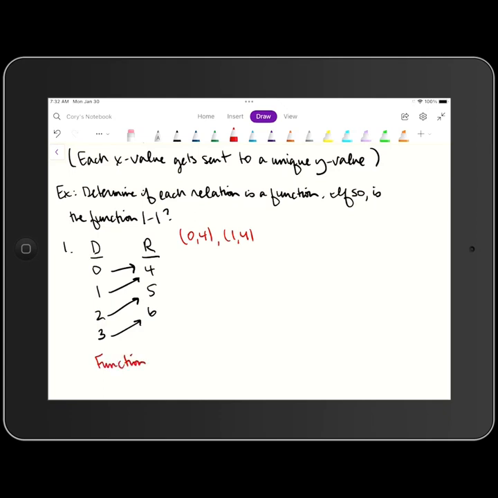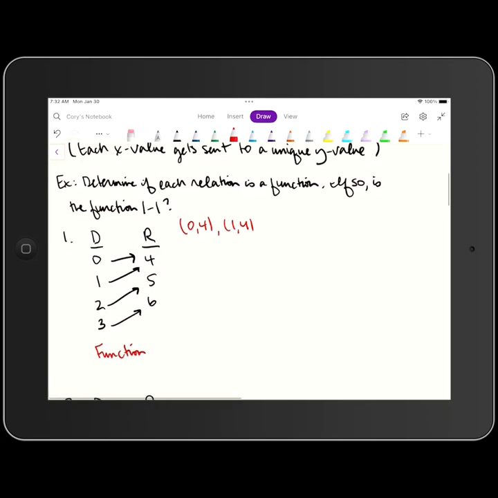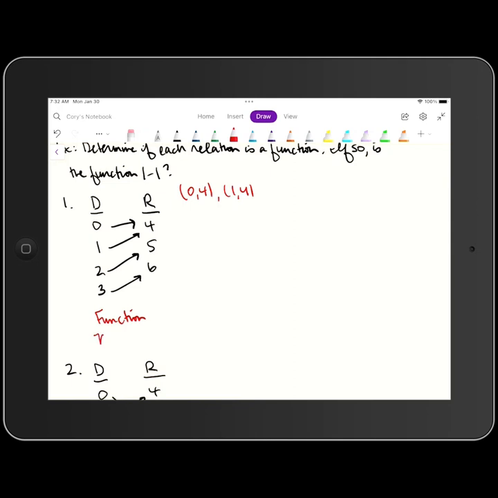And then the second part says, if so, is the function one-to-one? This function here is not one-to-one, and the reason is that the two domain values of 0 and 1 get sent to the same range value. For the function to be one-to-one, each domain value has to go to a unique range value. You can't have two domain values that go to the same range value.